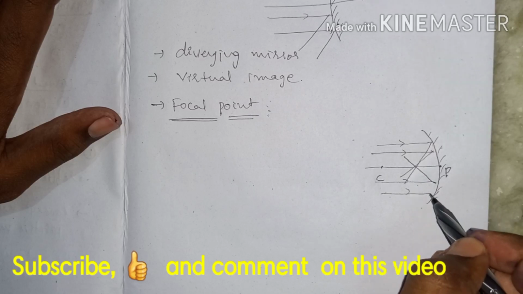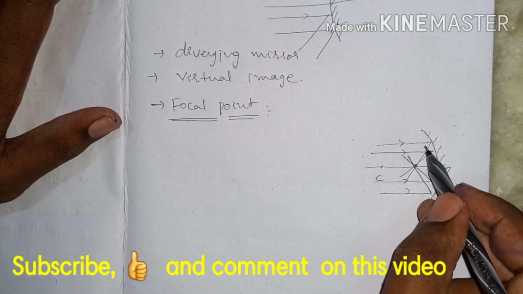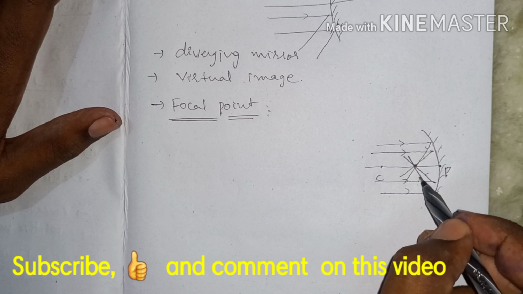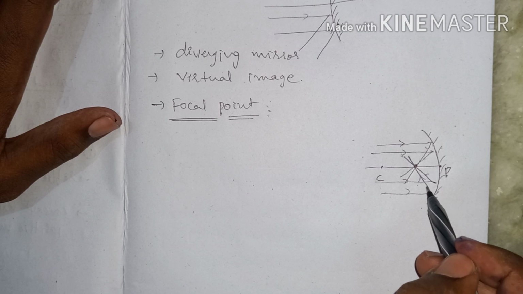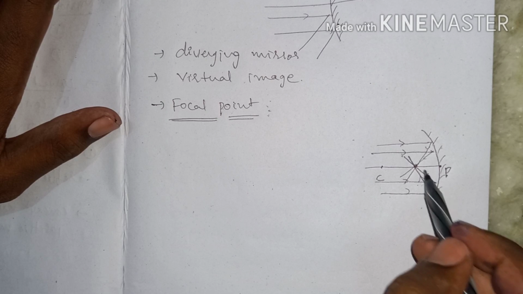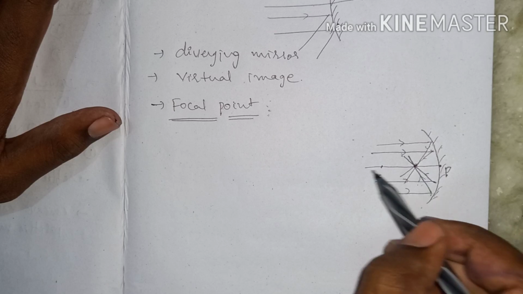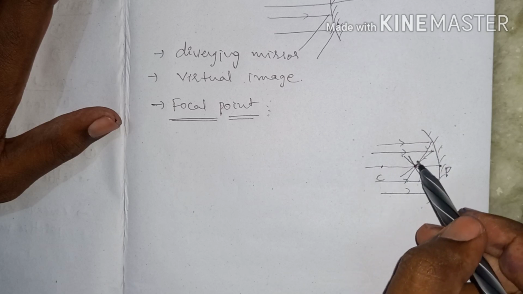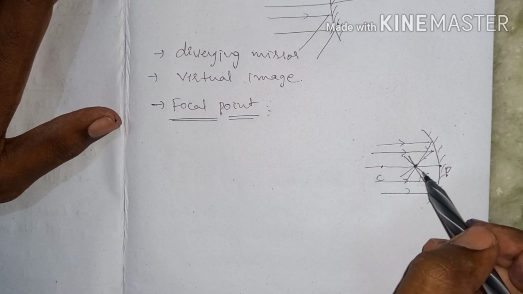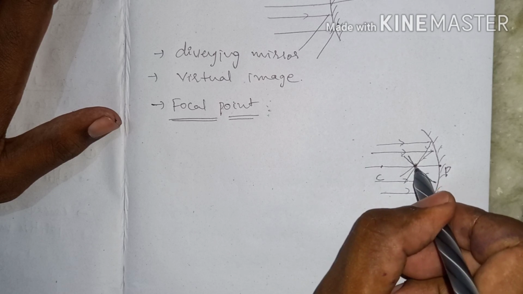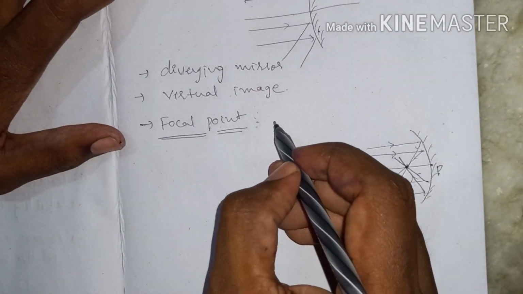These are incident rays, and after incidence, these are reflected rays. All the reflected rays meet at a point on the principal axis. This point we call the focal point. So what is the focal point?